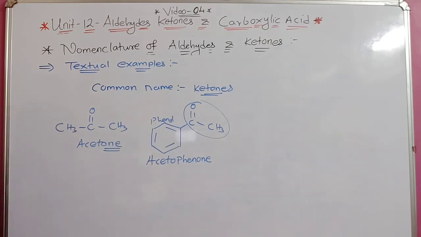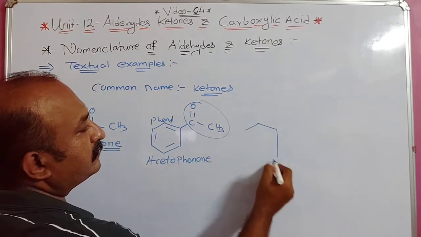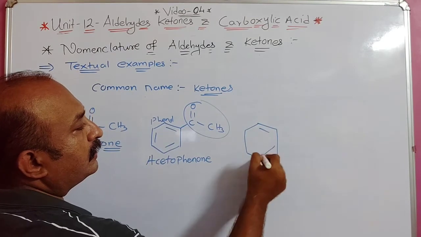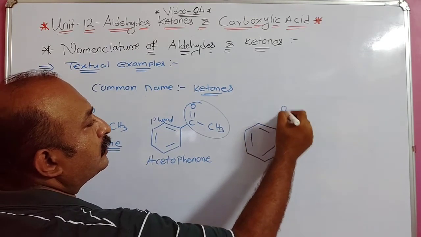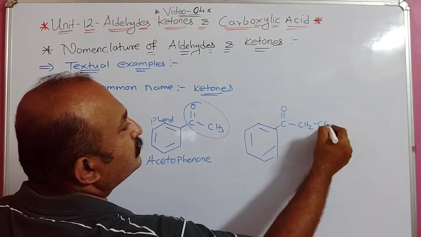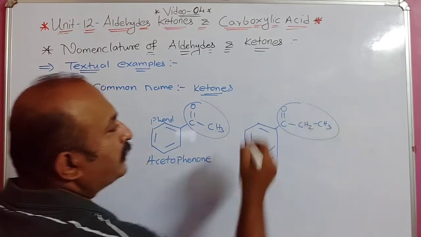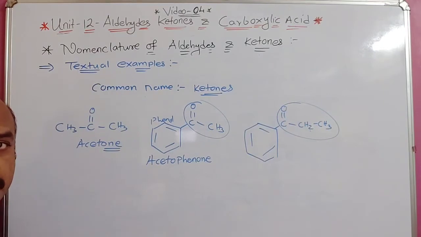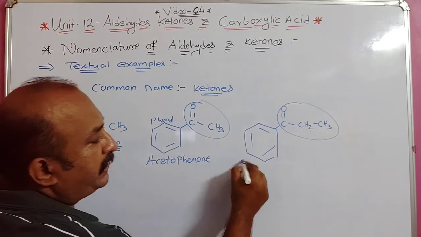Then the next one is written with a benzene ring, with C double bond O, CH2, CH3. This is propion, that is propionic acid, and from that we get the name given in your book, propiophenone.